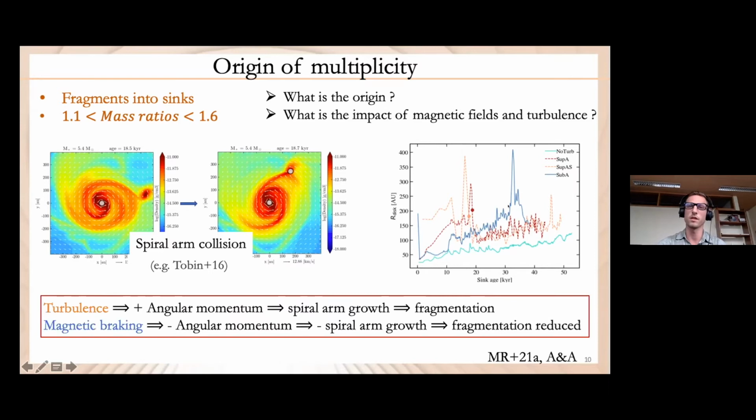So what we find is that there is some opposite influence of turbulence and magnetic fields regarding fragmentation. When turbulence is there, it adds some angular momentum, so it contributes to the growth of spiral arms and to the fragmentation. And when magnetic fields are there, there is some magnetic braking removing the angular momentum, so it limits the growth of the disk and of the spiral arms, and fragmentation is reduced.